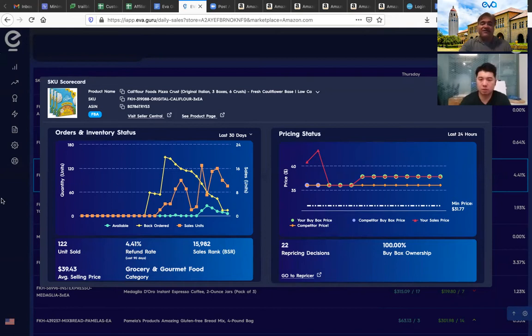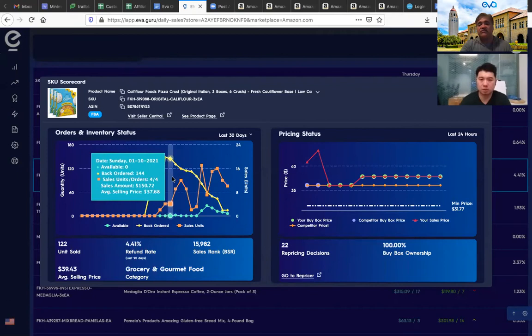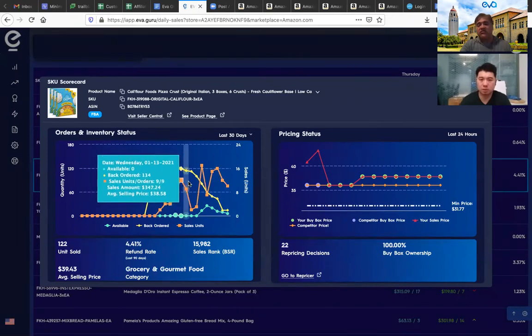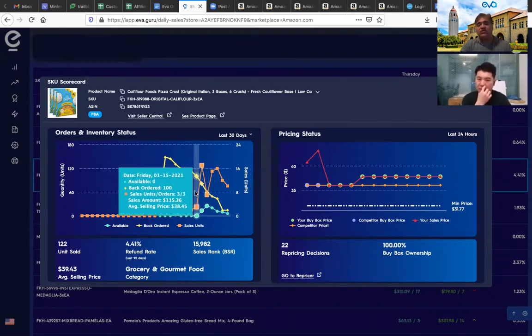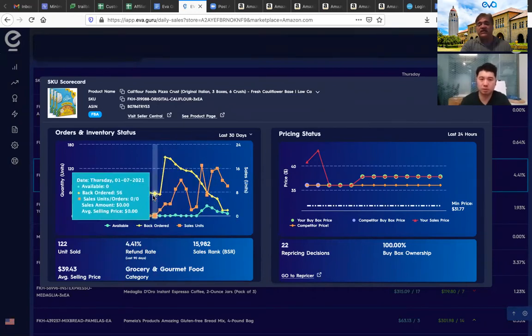On the left-hand side, you see the orders and the inventory status for this item: the yellow line shows the back-ordered items, orange is the orders, and the green is the available ones.